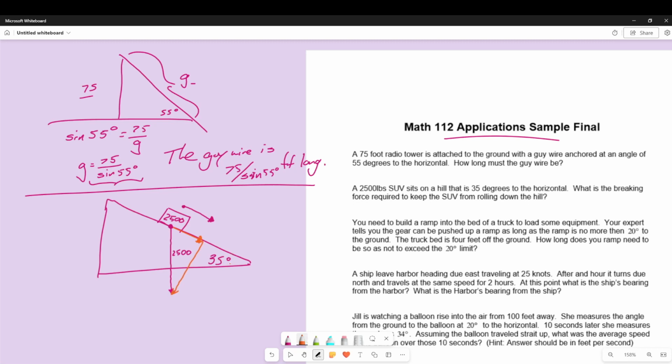And the key here is that this 35 degrees has to be the same angle as this 35 degrees. Because if this is a right triangle and that's a right triangle, then if we track our angles, if we had a perpendicular there, this angle and that angle has to match this angle. So that angle down there has got to be 35 degrees.